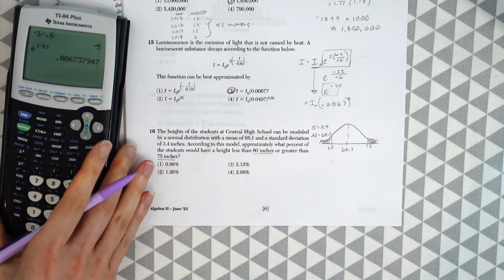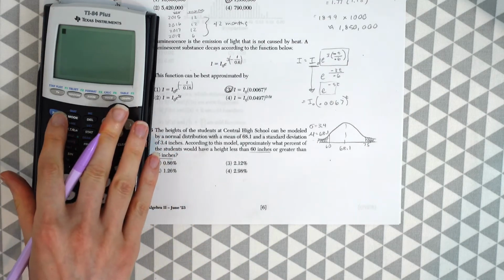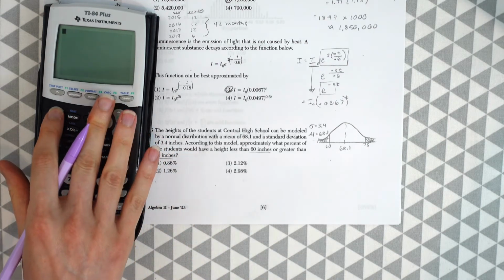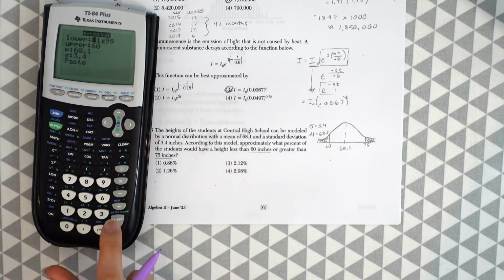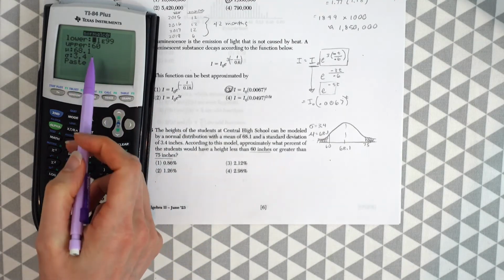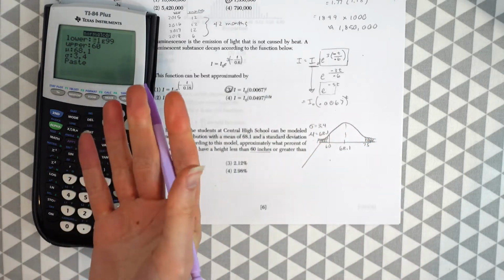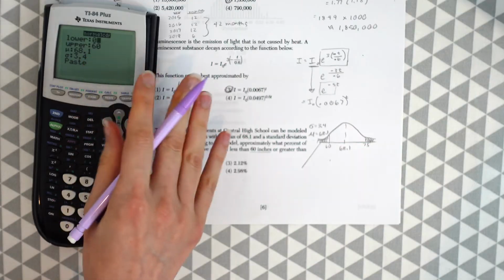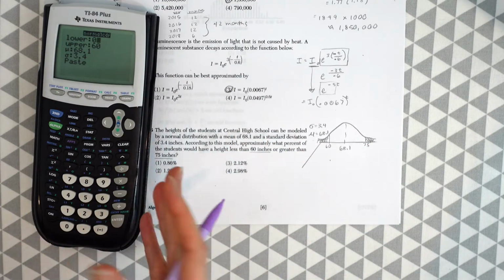So to do that, we can use our calculator. We're just going to go to second vars, go down to normalcdf, and to get the value of this end, we are going to have 0 as the lower limit, because the lowest height possible would be 0, right?